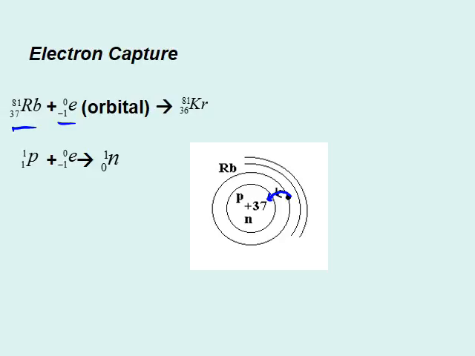This mostly happens in bigger nuclei which have quite a few protons or positive charge to show big attraction for those electrons moving outside of the nucleus. So what happens when electron capture happens? Proton and electron, if you add them together, again add the bottom numbers, that gives you 0 at the bottom, 1 on the top, and 0, 1 is nothing but a neutron. So a proton is changed to a neutron, or the number of protons is decreased in this process.